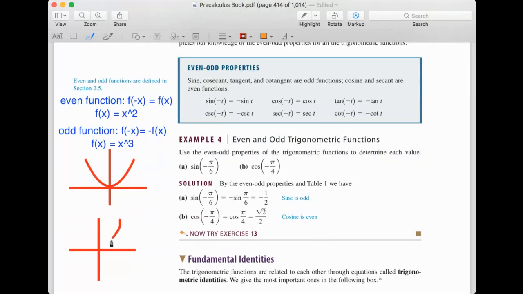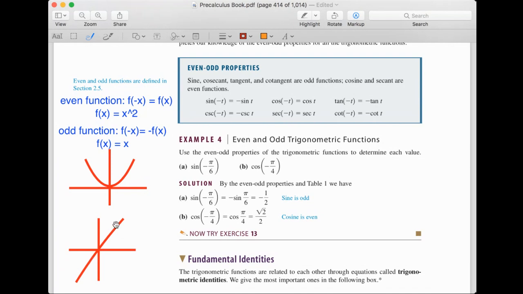Or let's use y equals x, x raised to 1. 1 is an odd number. You see when x is positive, y is positive. When x is negative, y is negative. So this is an odd function. This is the even function.